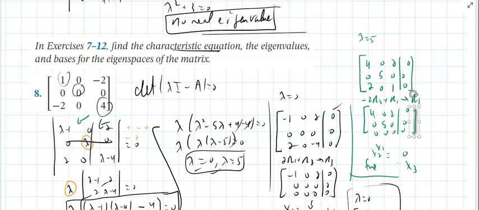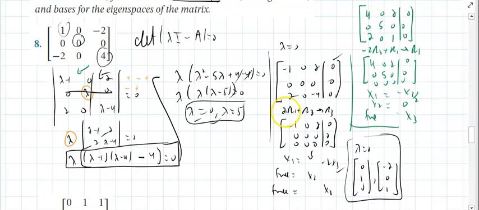I don't know why I squished that in this small space. I have all the space in the world. So what would be the eigenvector associated with lambda equal 5? With lambda equal 5, what would this be right there? That should be negative 1/2, 0, and 1.